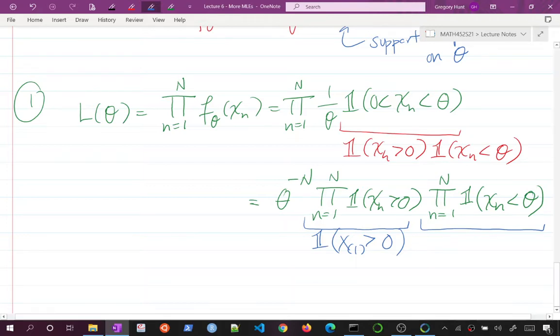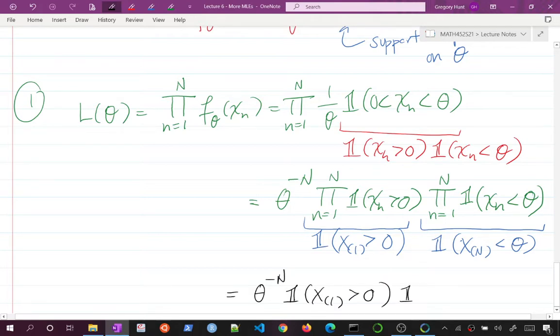So an equivalent way of writing this is the indicator that the maximum is less than theta. This nicely summarizes these complicated products of indicator functions into statistics we are somewhat more familiar with: minimum, maximum. So to summarize, our likelihood function is theta to the negative n, times the indicator that the minimum is bigger than 0, times the indicator that the maximum is less than theta.